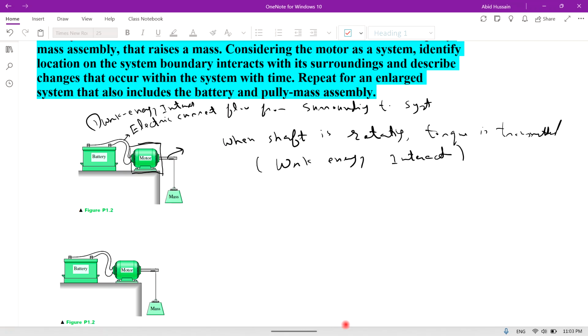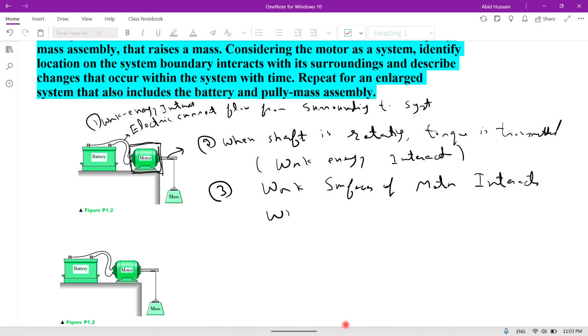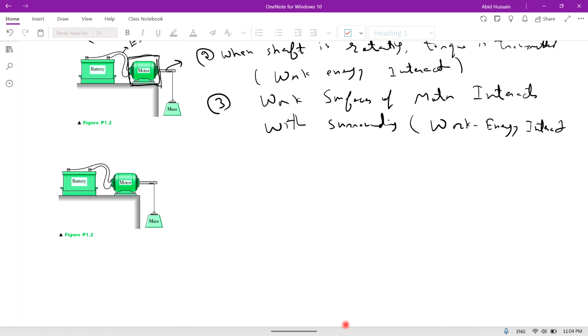The third interaction is heat transfer between the motor boundaries and the surroundings. The warm surfaces of the motor interact with the surroundings, and the temperature of motor parts can change.